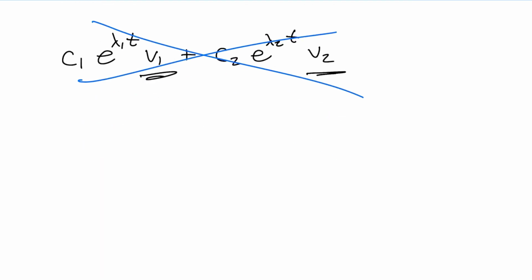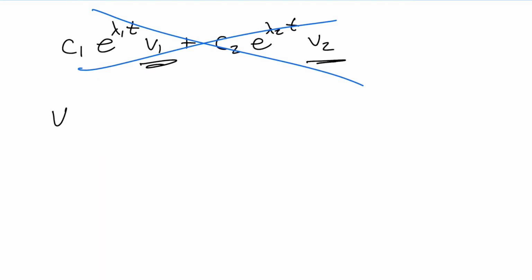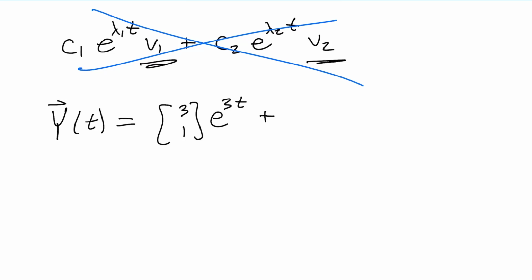So what we do instead is we use an alternative solution method, which is to say y of t is basically the initial condition, which in this case is (3, 1), times e to the lambda t, plus t e to the 3t times another vector, which for now I'm just going to call v1.